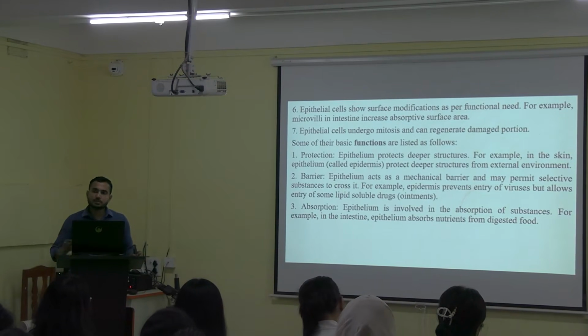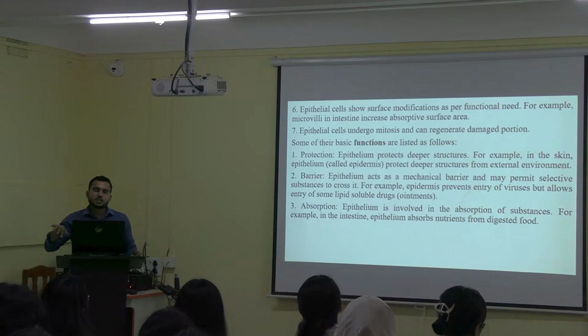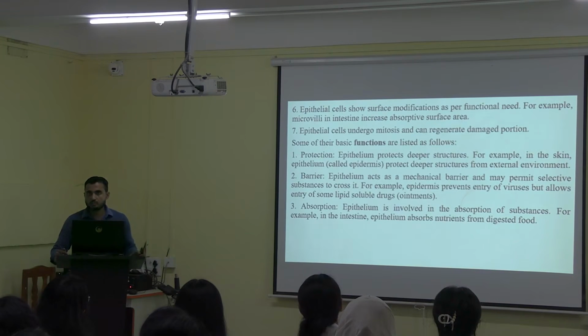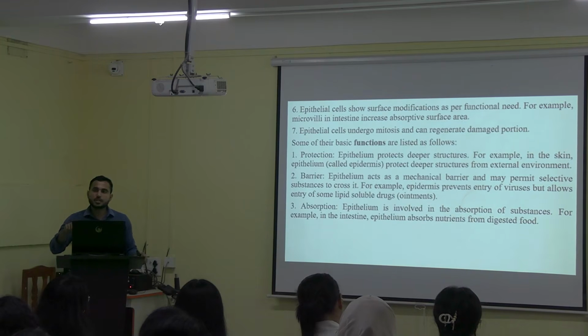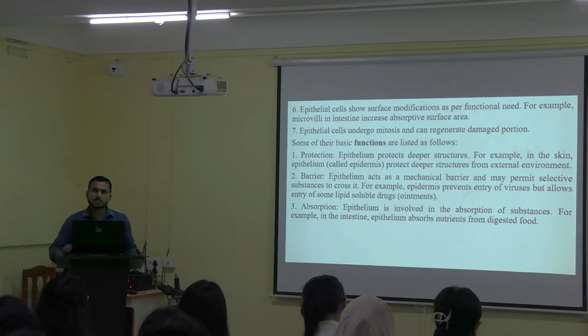Okay. For example, whenever we are eating any drug, when it goes to the body, after metabolization is taking place, it is going to the blood. Now all the drugs don't have the capability to cross the blood-brain barrier. Okay, because if it is not crossing the blood-brain barrier, it can't go and act on the central nervous system.